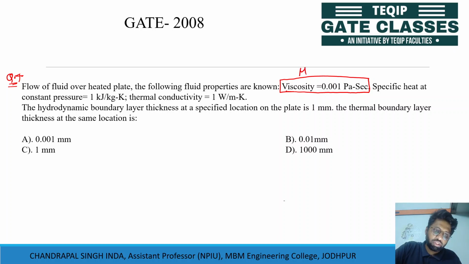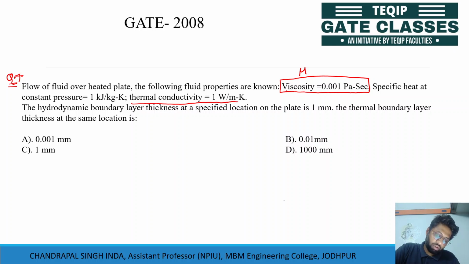The specific heat at constant pressure is 1 kilojoule per kg Kelvin. The thermal conductivity is equal to 1 watt per meter Kelvin. So we have values of thermal conductivity, specific heat at constant pressure and dynamic viscosity.